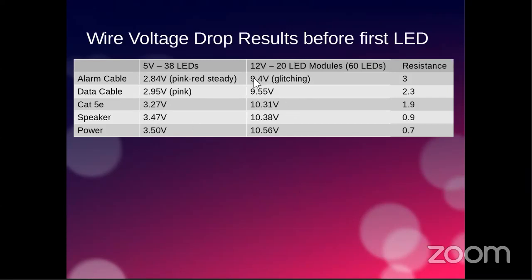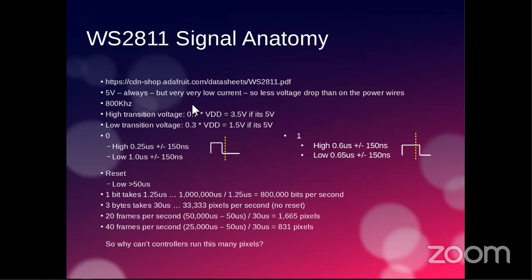Whereas with a 12 volt pixel, that doesn't work quite the same. And so consequently, 12-volt pixels are infinitely more likely to glitch than 5-volt pixels are. 5-volt pixels will suffer color change, color degradation, etc., but they generally will not glitch.